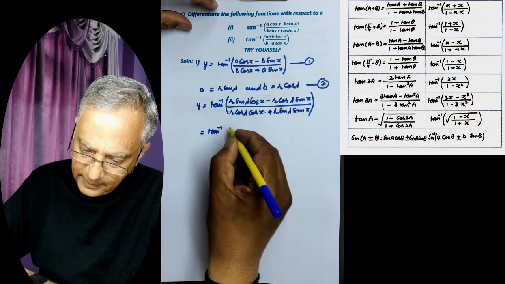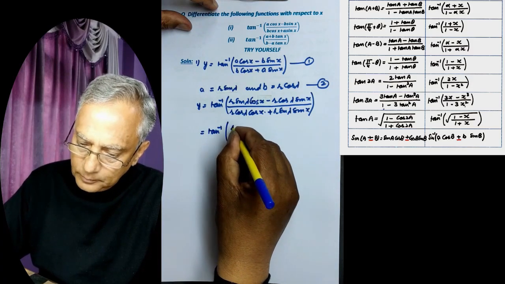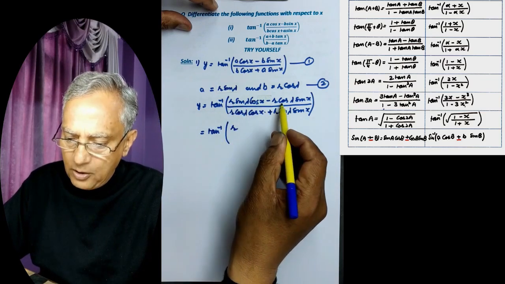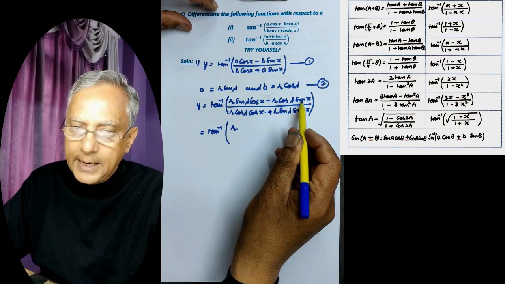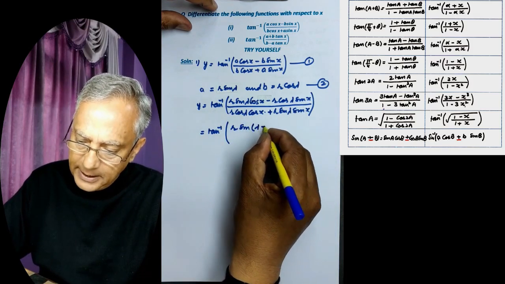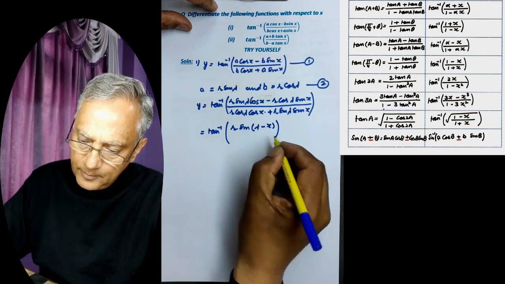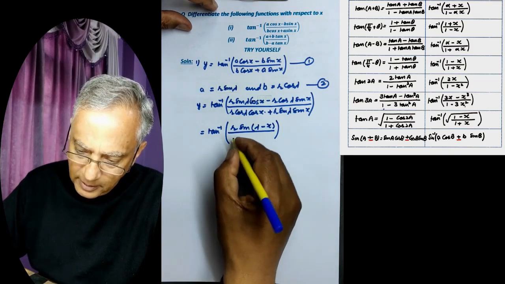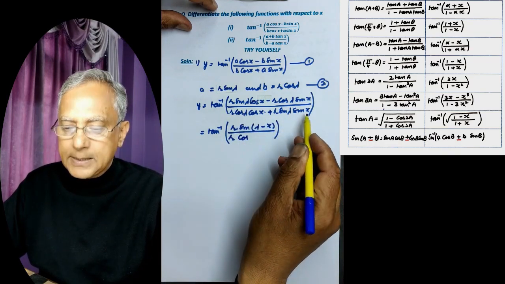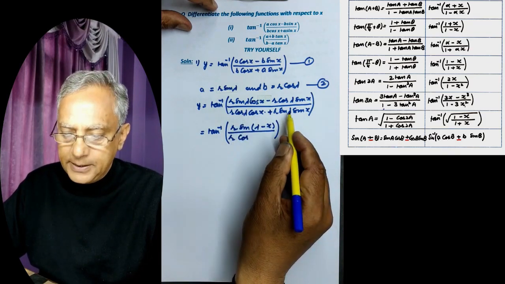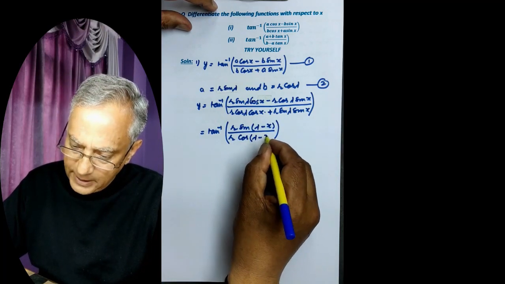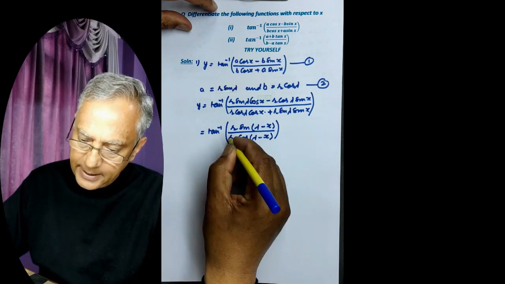This is equal to tan inverse. Now r is common and we are left with sine A cos B minus cos A sine B, which is sine of A minus B. That is sine of lambda minus x. And in the denominator we have r cos A cos B plus sine A sine B. This is cos of A minus B. So we have cos of lambda minus x.